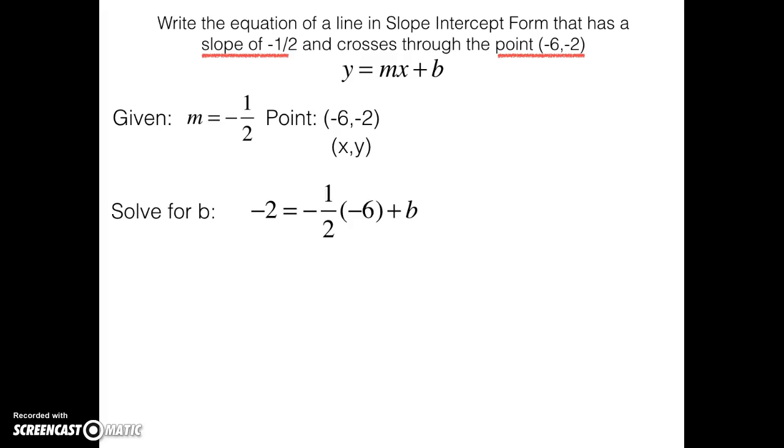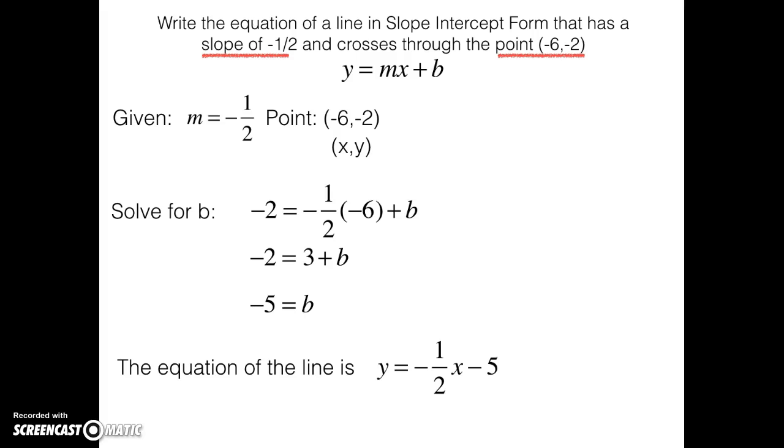So we plug in negative 2 for y, negative 6 for x, and negative 1/2 for the slope. We simplify, and we get a b of negative 5. The equation of the line is y equals negative 1/2 x minus 5.